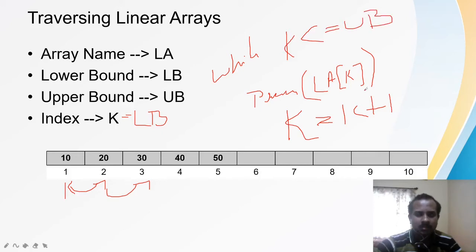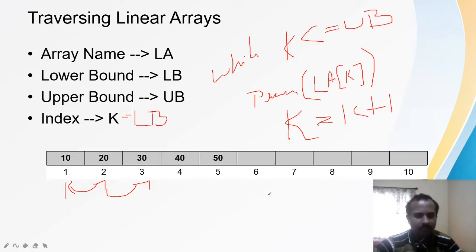Traversing means I have to process values present in the linear array. When I am saying processing, it can be anything, whether you are going to visit, or assess the data, or do some routine mathematical operation.